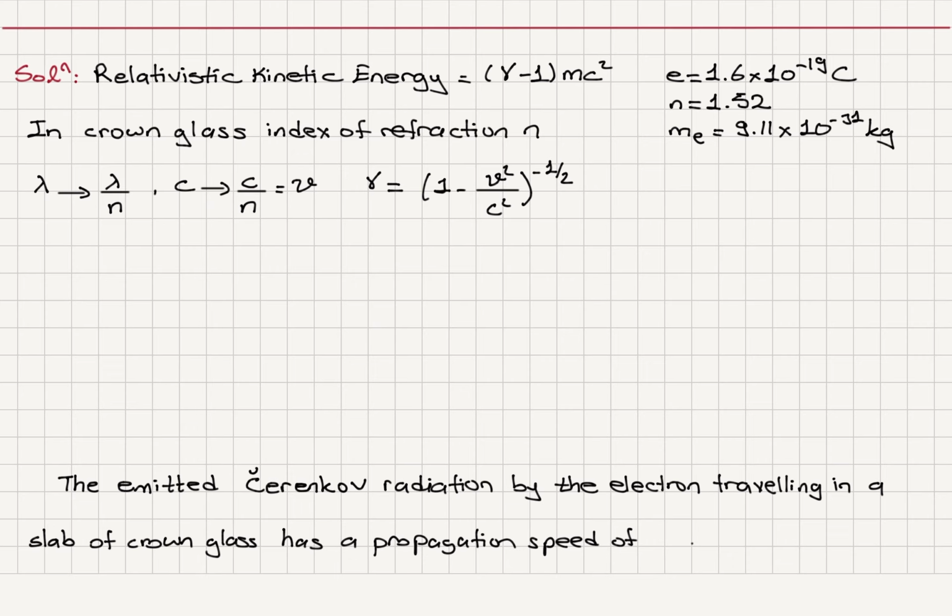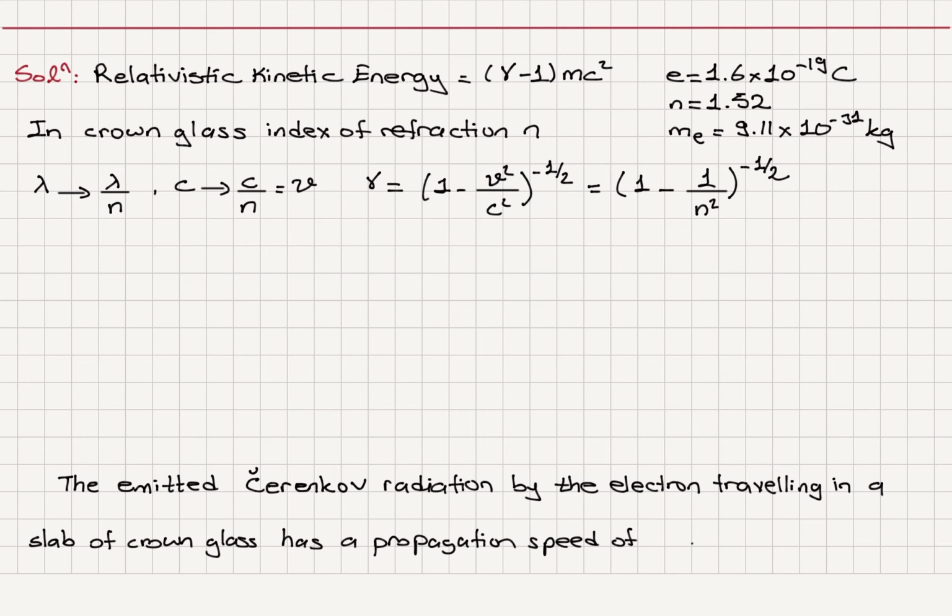So the frequency is constant, and we have v equal to lambda prime times f inside the material, where lambda prime is lambda divided by n. So we can substitute 1 over n for v over c. This gives us, for the relativistic correction factor, 1 minus 1 over n squared to the power minus 1 over 2.